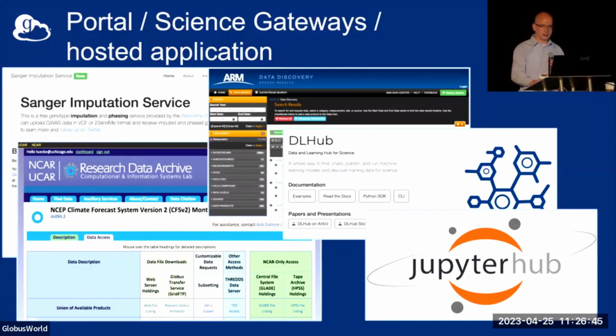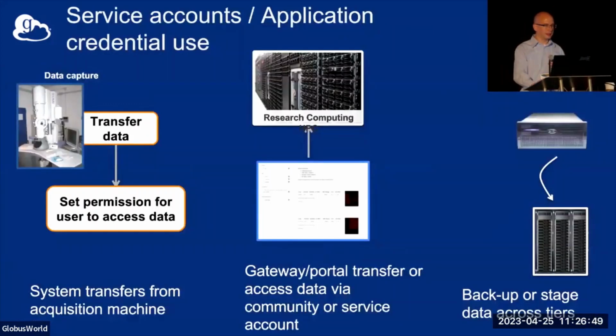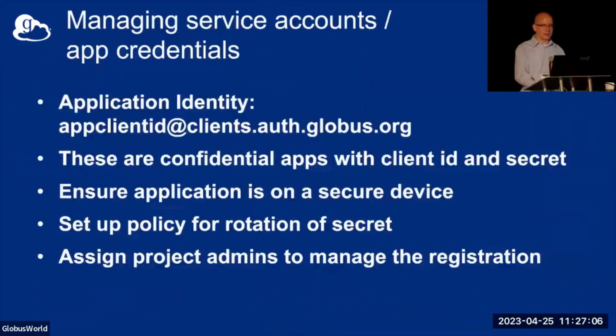And you can set up CLIs or virtually anything that you're seeing in the Globus ecosystem. We can develop and build against our APIs. Again, here are some of the service account use cases, such as periodic transfers or backups.